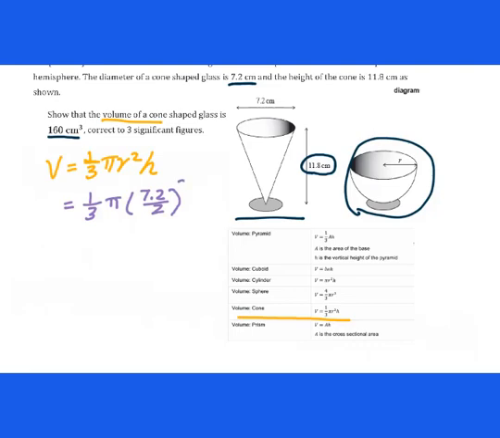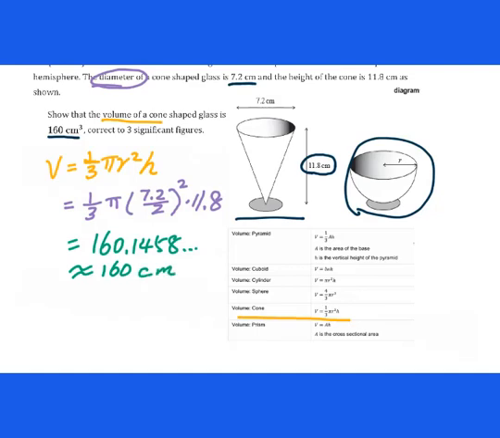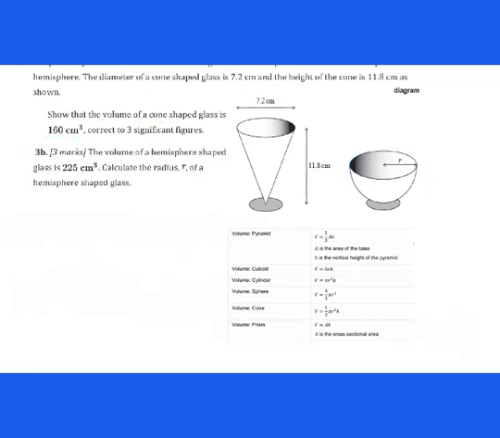Remember, normally for the IB exam, they give you the diameter, so you have to be careful. Then times the height, which is 11.8. You will get 160.1458. Round to 160. You have to add the units: centimeter cubed.